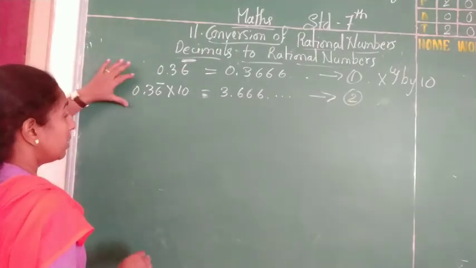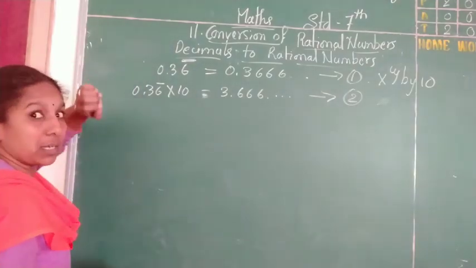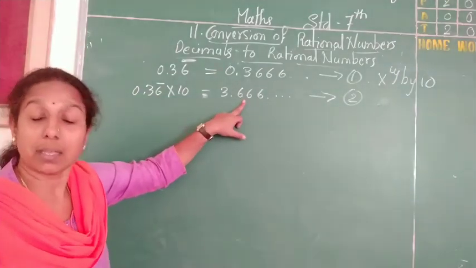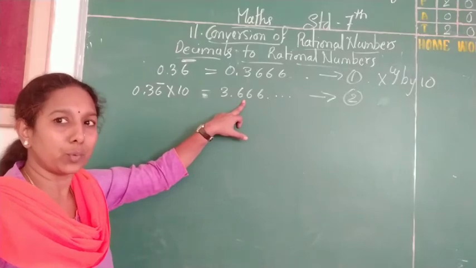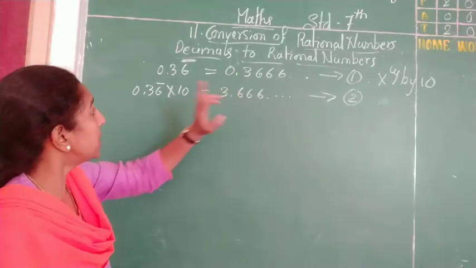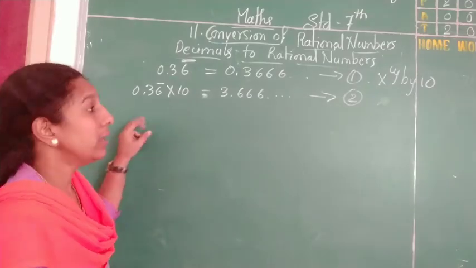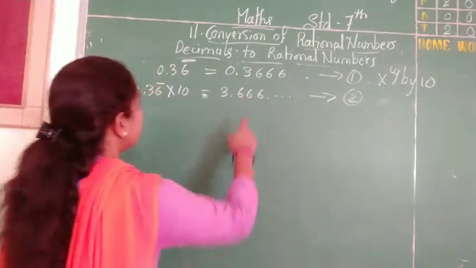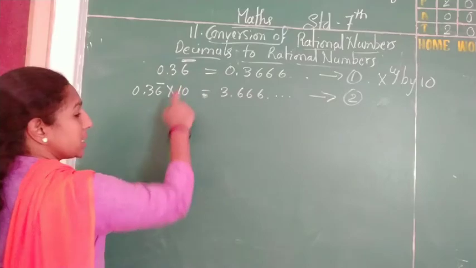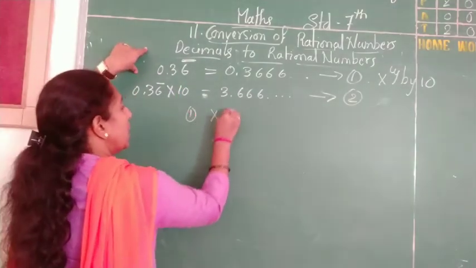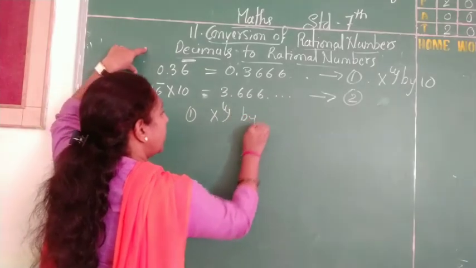Okay. Now let us go to the next part. Here I got the 2 equations, but it is actually not complete, because one more is there, that is the recurring decimal. That also we have to do. How many numbers are recurring here? 6, only 1 digit. So again I should multiply. But here you can see that 2 digits are there after the decimal point. So equation 1 I should multiply by 100.